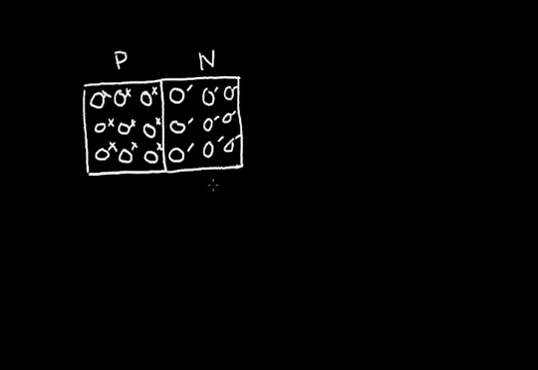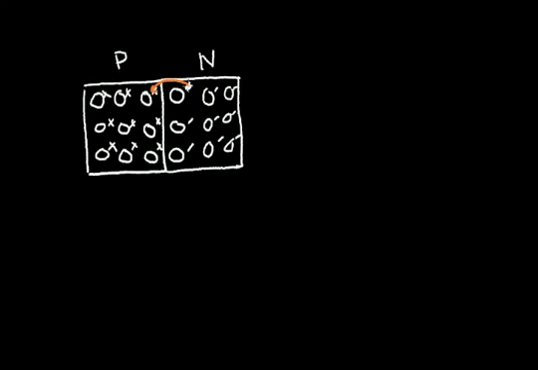Now a similar thing happens in this PN interface area, but there's something that stops the diffusion, and let's talk about that. Now here I have an electron. Now this electron can move around. It can diffuse over to this location.